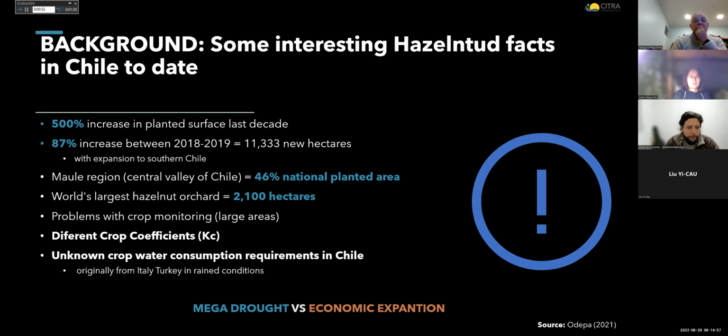The problem right now is crop monitoring in large areas, with different crop coefficients for different trellis systems or soil textures, and the real crop water consumption requirements in Chile are unknown, because the European hazelnut is originally from Italy or Turkey under rain-fed conditions.